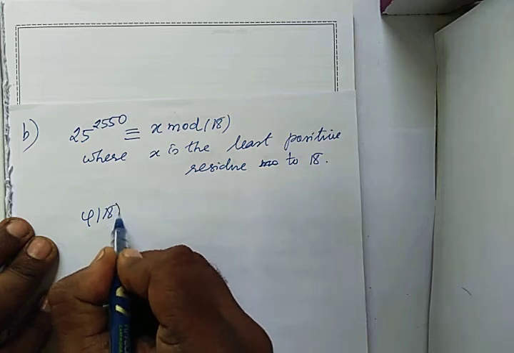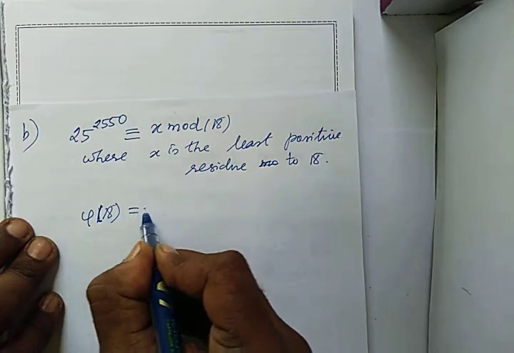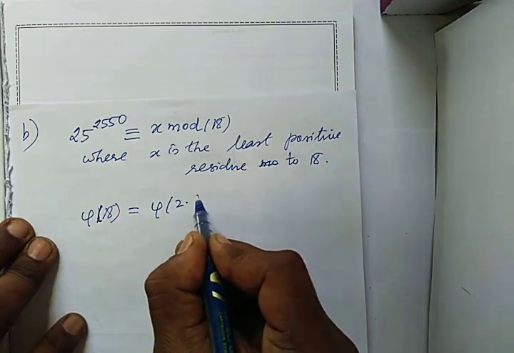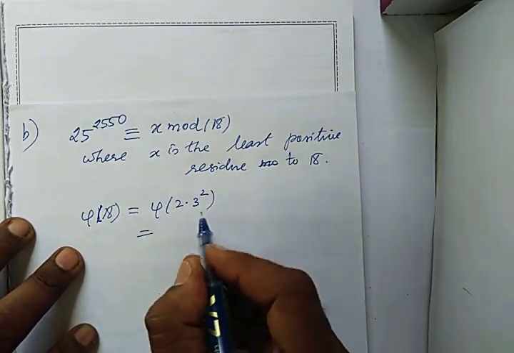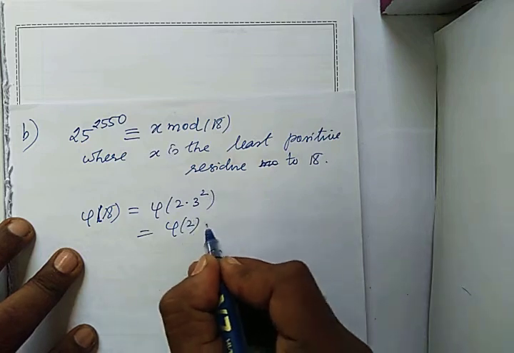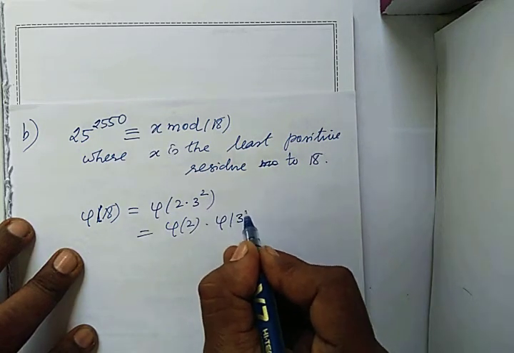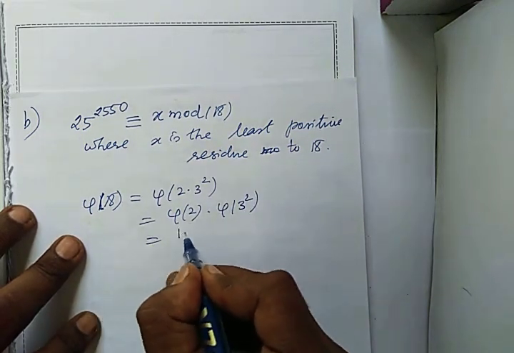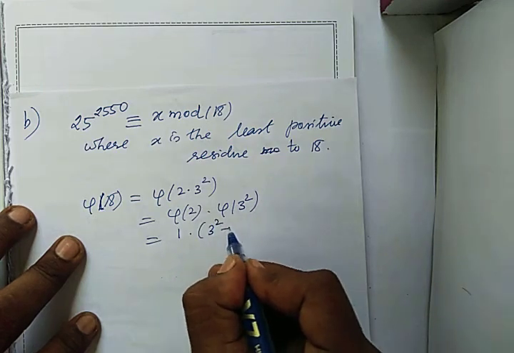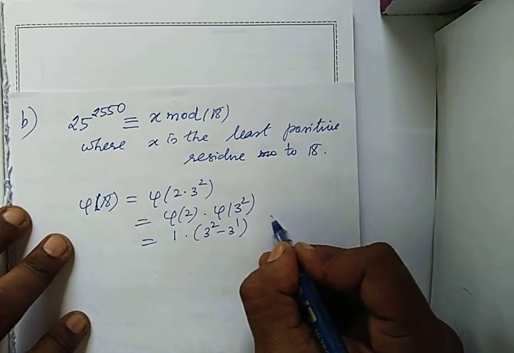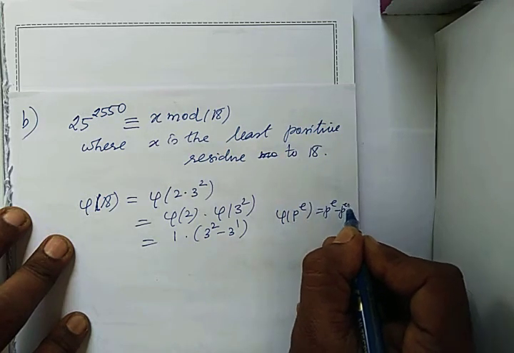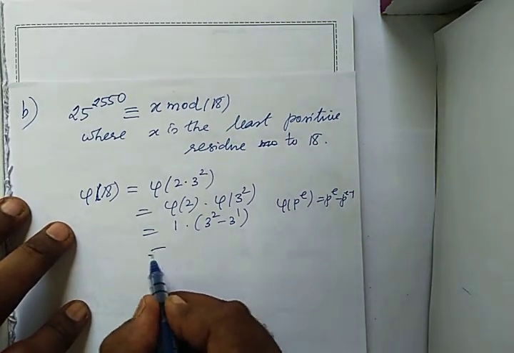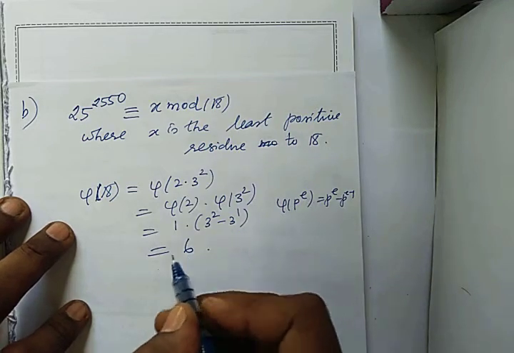What is phi of 18? 18 is 2 times 9. 9 means 3 square. These two are relatively prime, so it can be written as phi of 2 into phi of 3 square. Phi of 2 is 1. 3 square minus 3 power 1. I told you p power e, this is equal to p power e minus p power e minus 1, right? So 9 minus 3, 6.